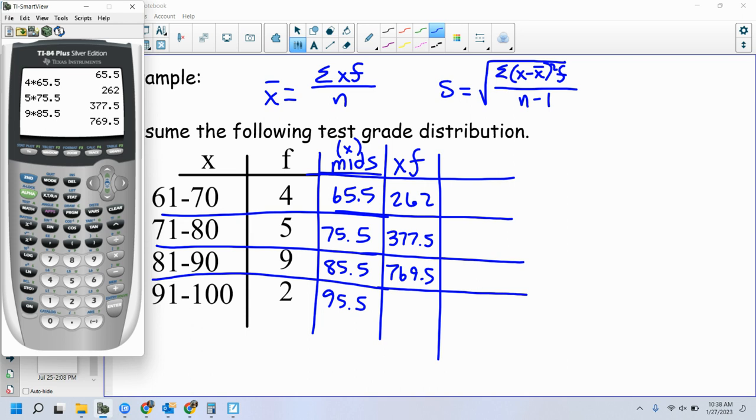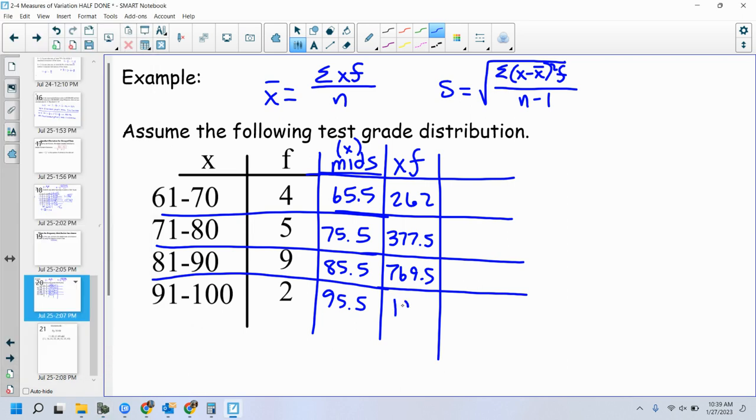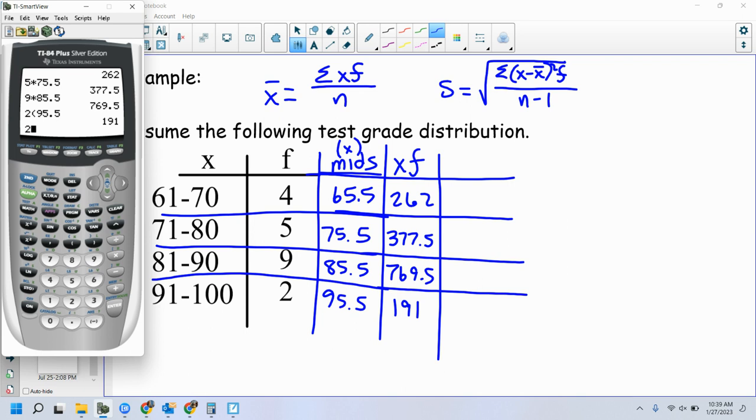And then 2 people got in the 95.5 range, so 191. Okay, so let's add all of that together. 262, plus 377.5, plus 769.5, plus 191. That gets us 1,600.